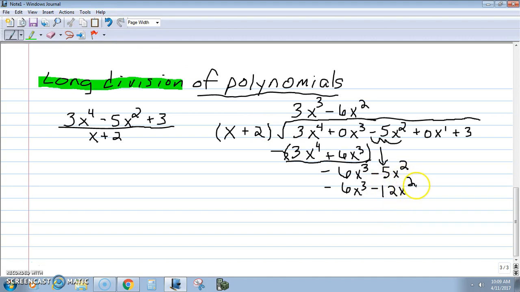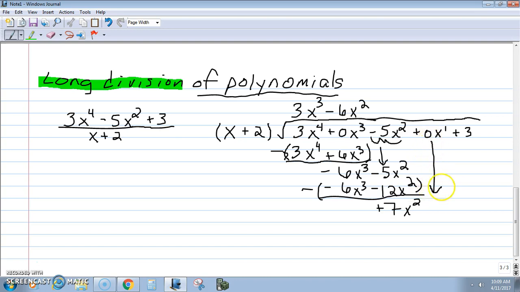Then I'm going to subtract. But remember, I'm going to subtract both of those. Okay? So minus negative, that cancels, and minus a negative. So I'm actually adding that 12x squared here, minus negative. So I actually get positive 7x squared because of that negative on the outside.